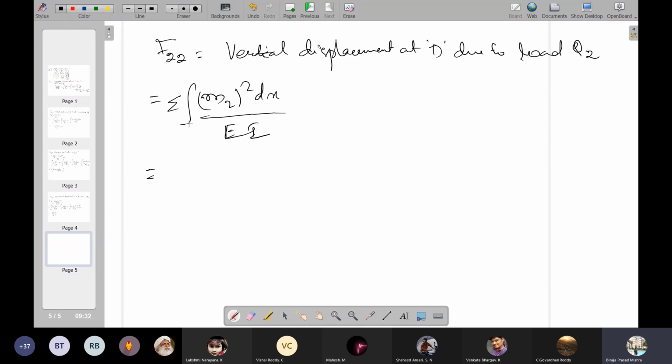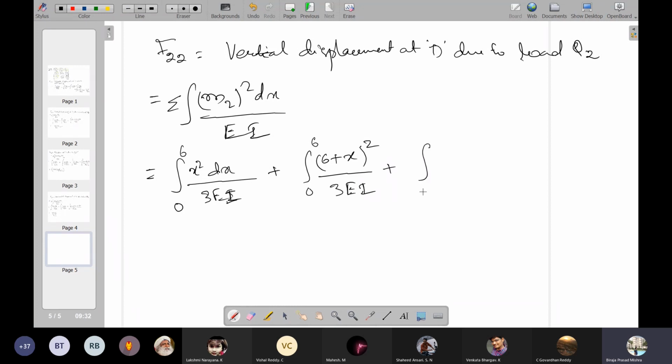So this is integration 0 to 6, x square dx divided by 3EI plus integration 0 to 6, x whole square divided by 3EI plus integration 0 to 4. This is 0 to 4 actually.